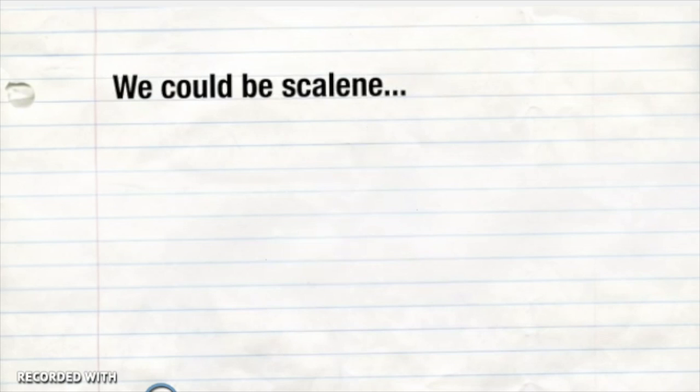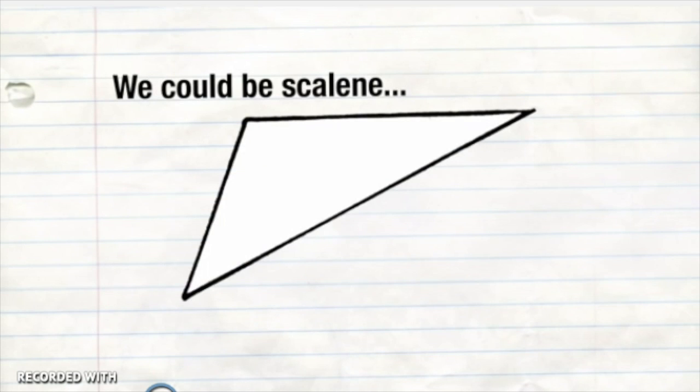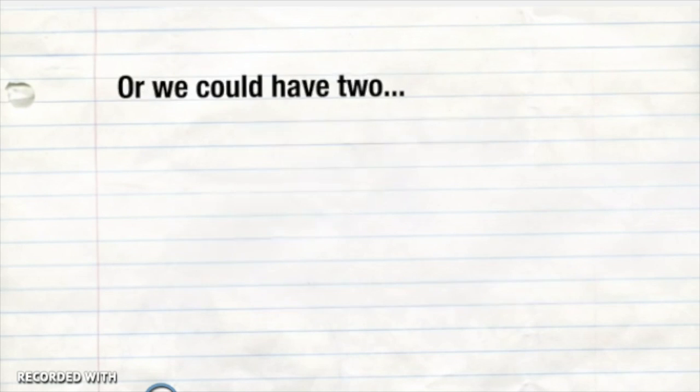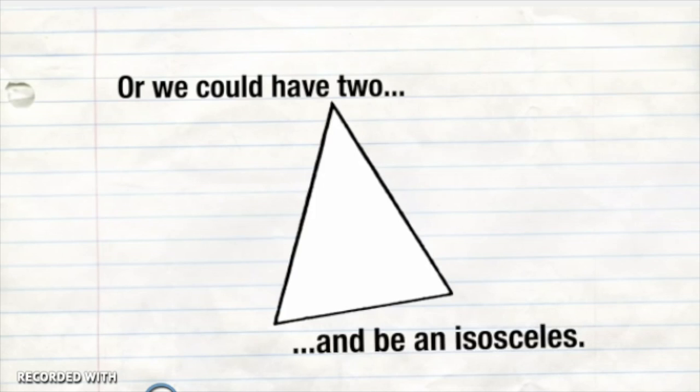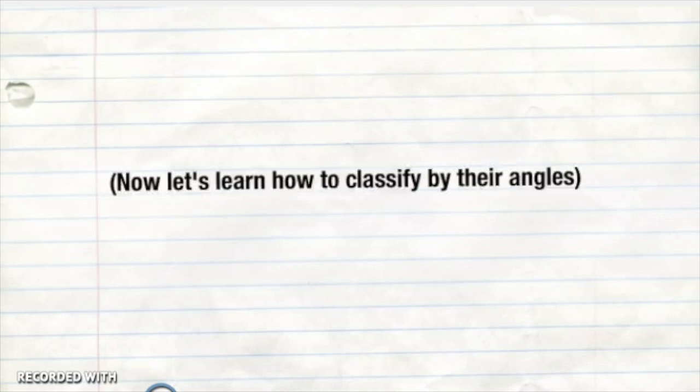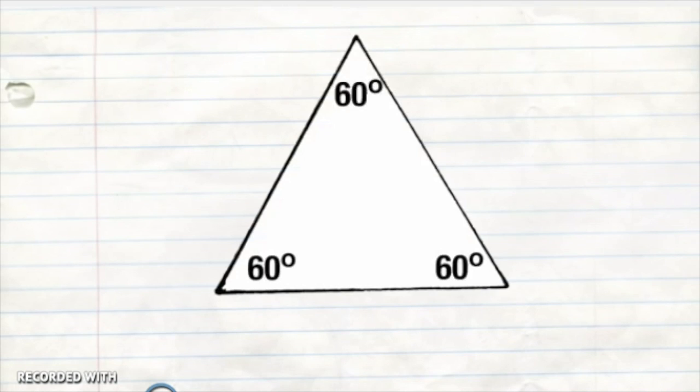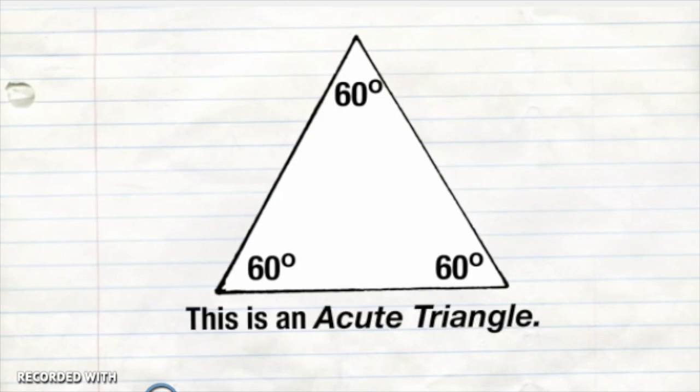We could be scalene and have no equal sides, or we can have 2 and be an isosceles. Angles are 89 or less, and acute is what it is.